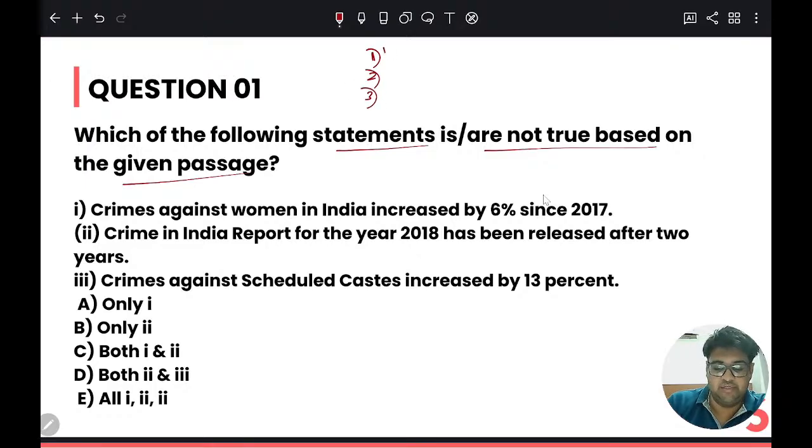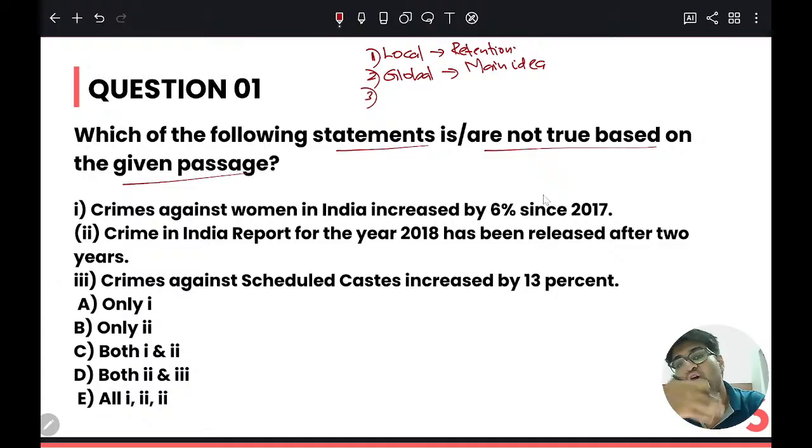Three types of questions usually come from an RC. First are local questions, that is, retention based questions. You need specific information, you need to locate it, and then go back to the passage to go through it. The second are global questions or main idea questions, where you need to find the central argument the author is making, and here you need comprehension.